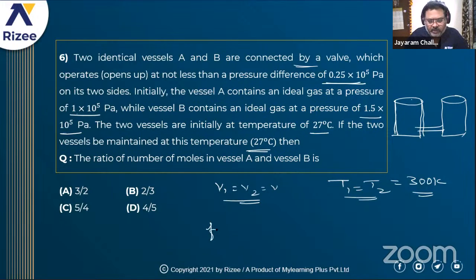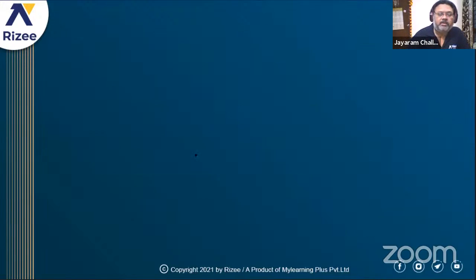So now, from the ideal gas equation. In this case, what is your ideal gas equation? I'm writing it in abbreviated form. The next time, if I write IGE, it represents the same thing. So PV is equal to nRT.